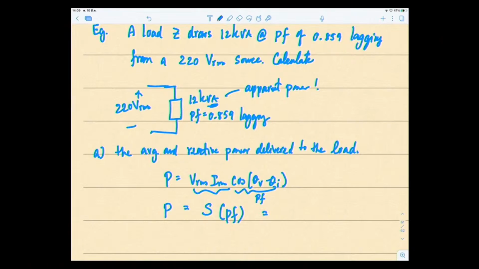So S, we know just now, is 12k, multiplied by the power factor given, cos(theta V minus theta I), 0.859. So the average power, use your calculator, is 10.272 kilowatts.